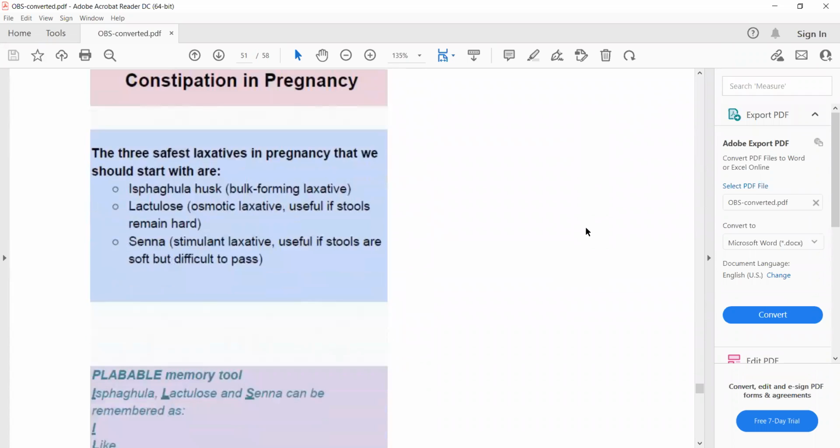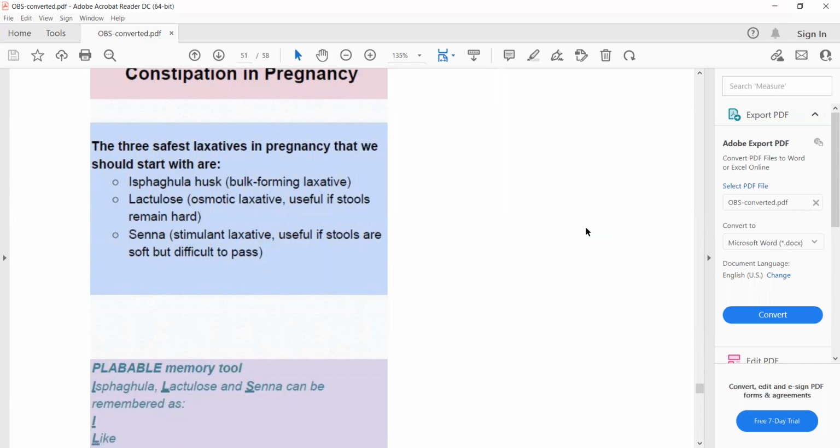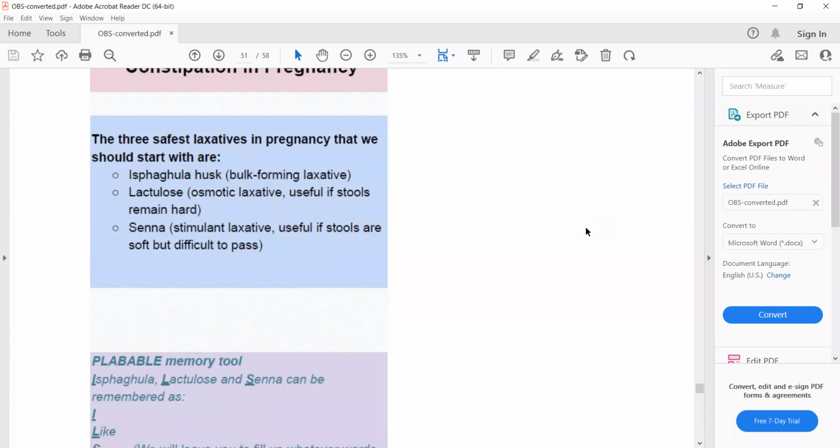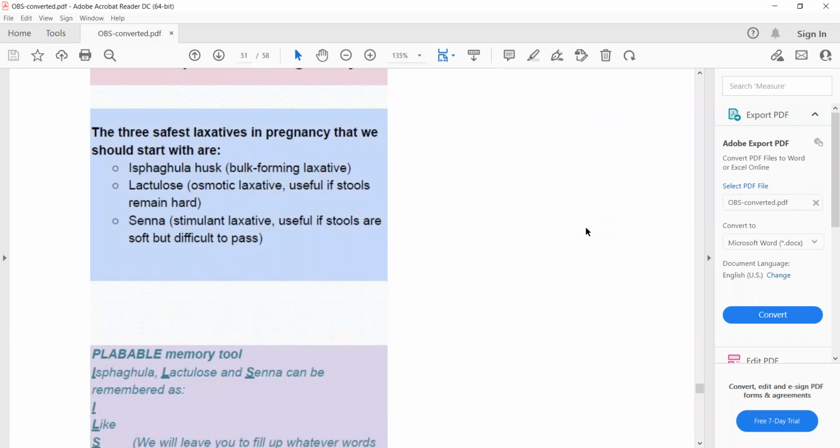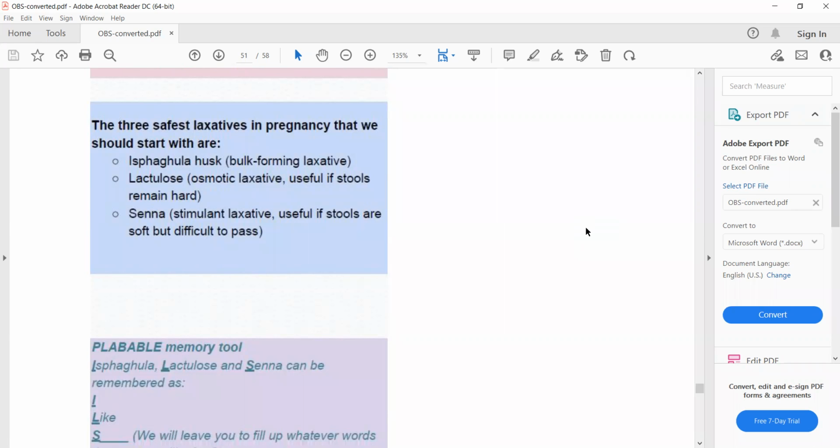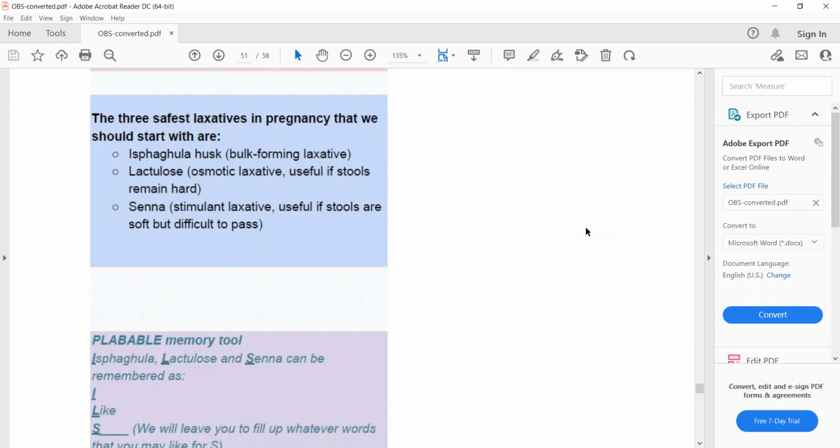Now constipation in pregnancy. So the three safest laxatives that we should start with in pregnancy if the female presents to you with constipation are ispaghula husk, then lactulose as the second line, and senna or stimulant laxative as the third line.